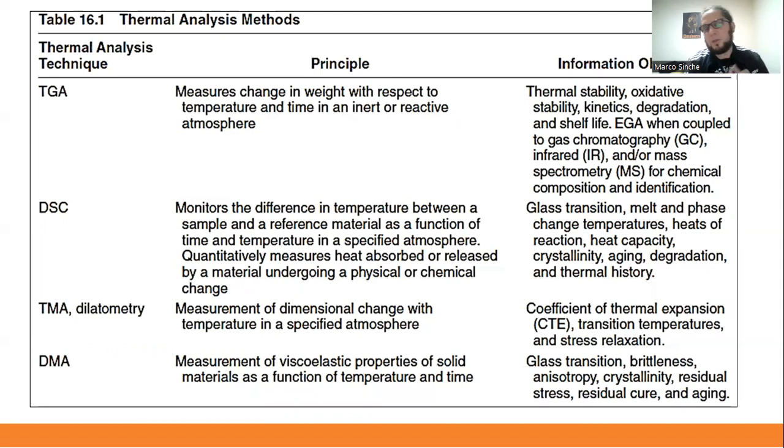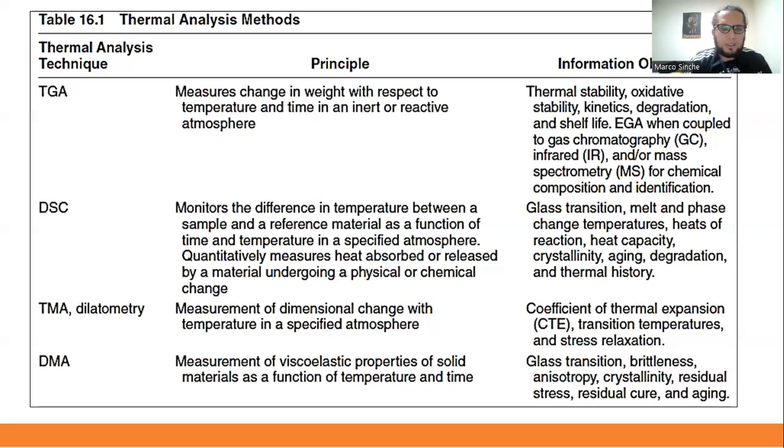For example, thermal stability of a material, or in the case of foods, it will be useful to determine the shelf life of a product. It could also be coupled with other techniques such as gas chromatography or infrared in order to obtain more information, especially the chemical composition or identification of the components of these materials.